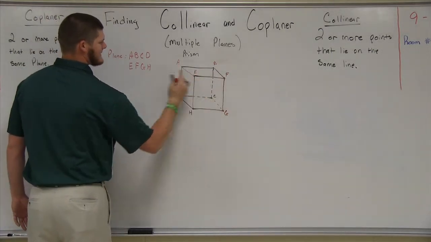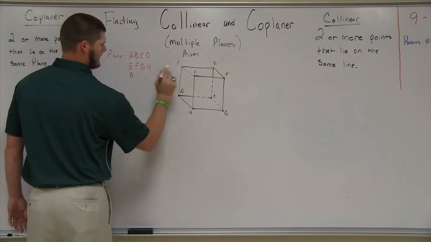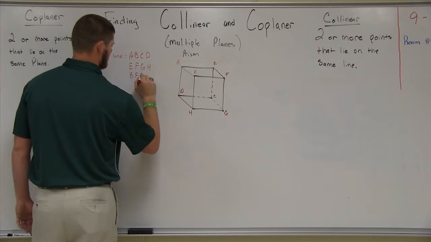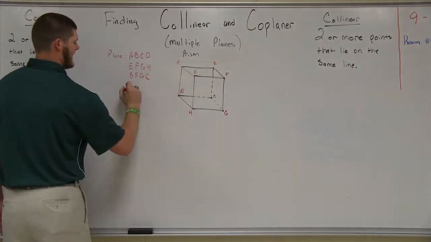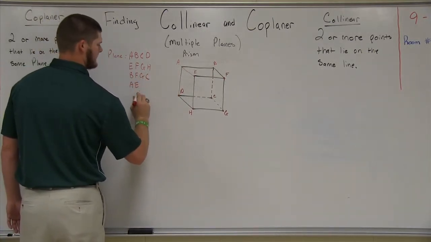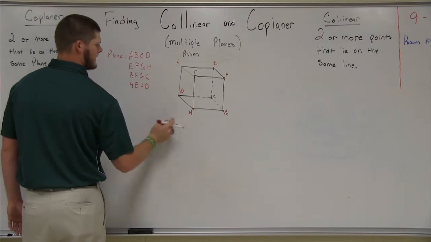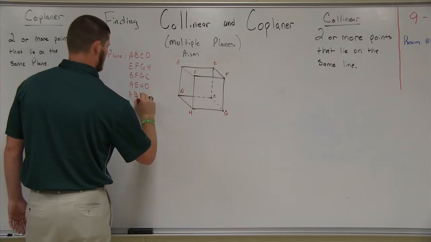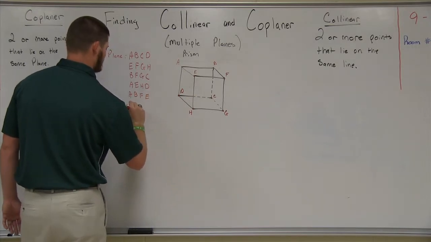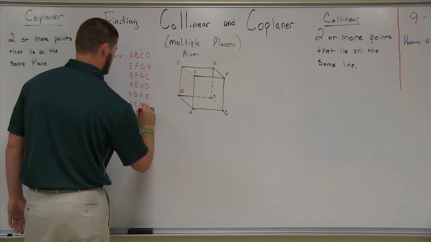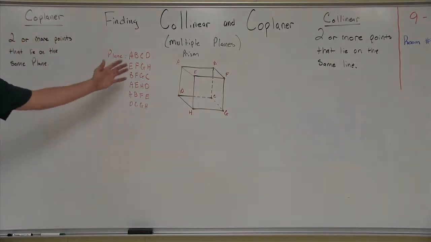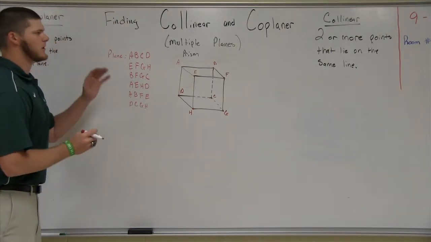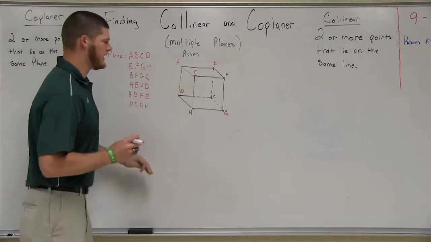We have our sides, B, moving clockwise, F, G, and C. This side, A, E, H, and D. And then our top and bottom, A, B, F, E, and D, C, G, H. So we have 6 planes here. We also have many multiple collinear and coplanar points.